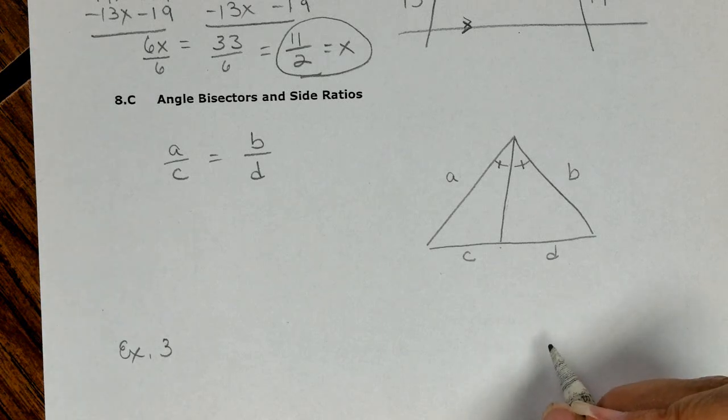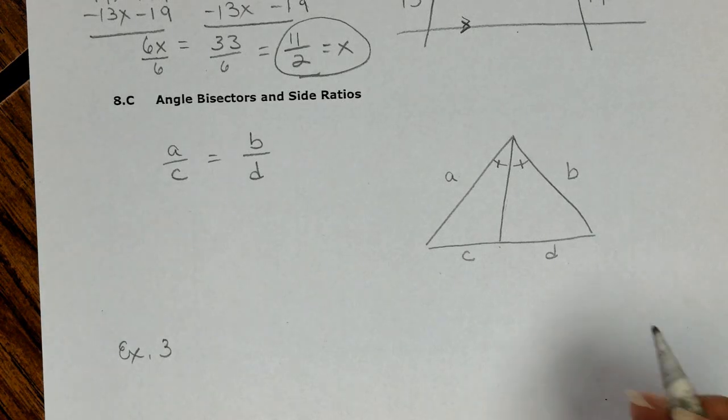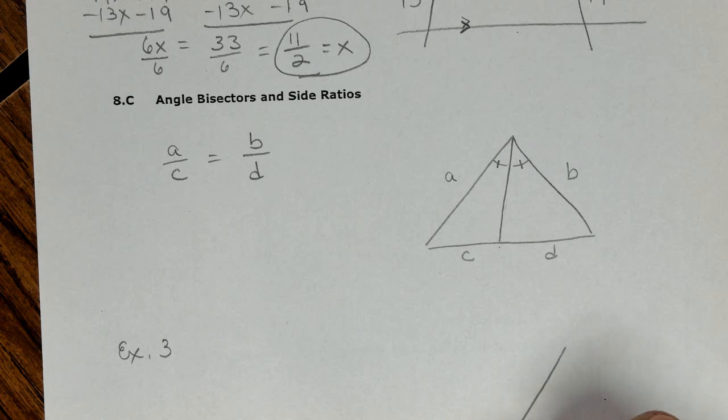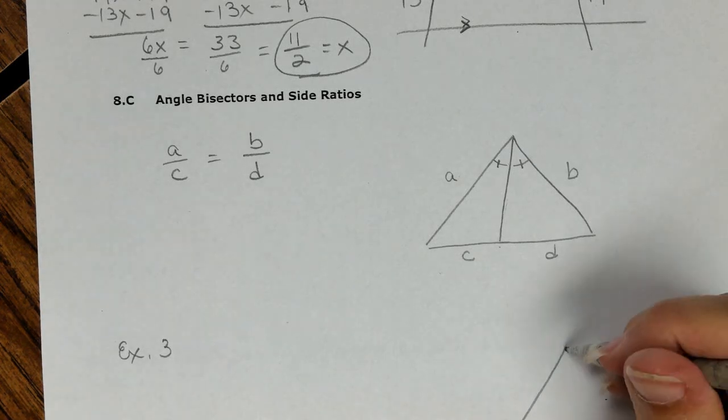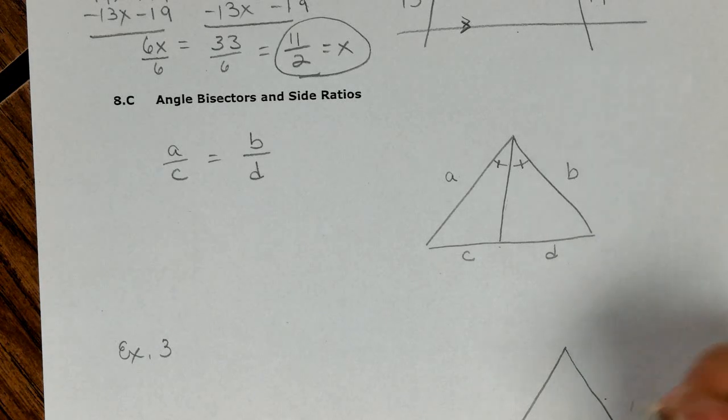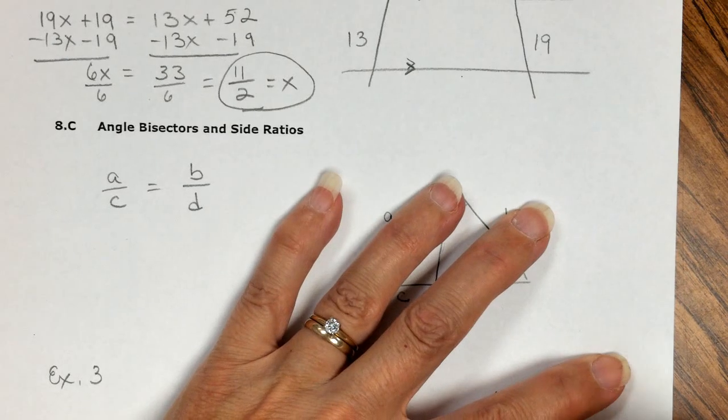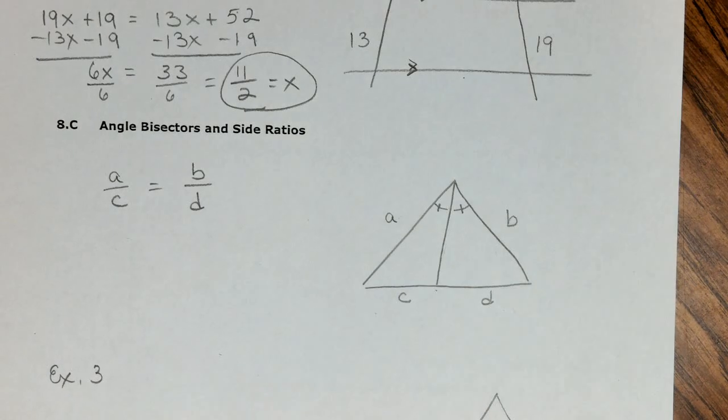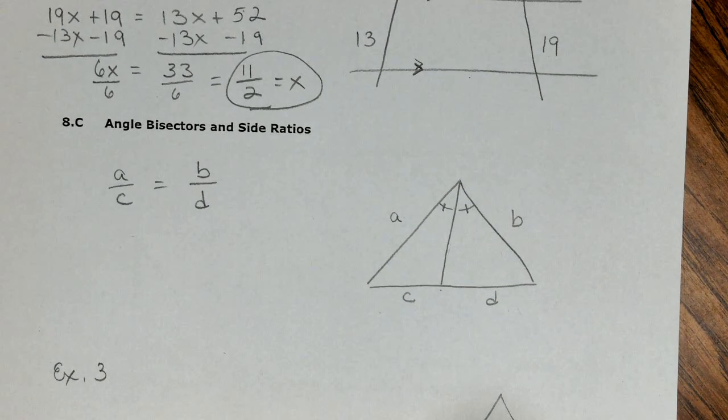So, we're going to find x for this particular triangle. Okay, so here's our triangle. This is triangle A, B, C. And this side is 20.